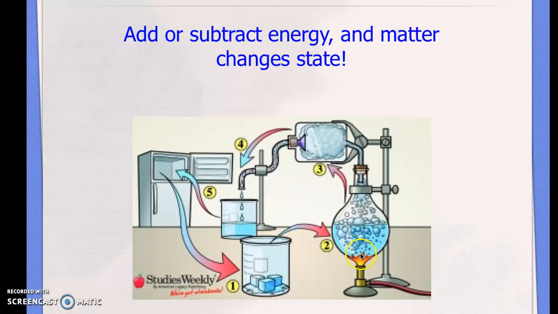If we add energy, if we heat it, that's energy, then the liquid forms a gas. And then the gas particles have water molecules in them, and the water molecules drip back down here into water. And you know, if we put water into a freezer, it turns solid into ice cubes. And it starts all the way back over again. So if we add or subtract energy, the matter changes state.